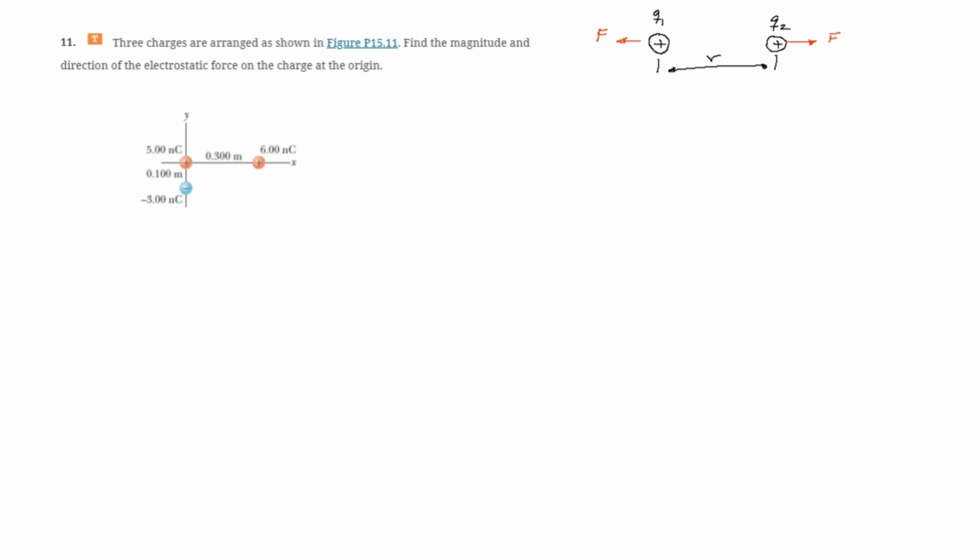So this force that you see here is the force that charge 2 exerts on charge 1, and this will be the force that charge 1 exerts on charge 2.